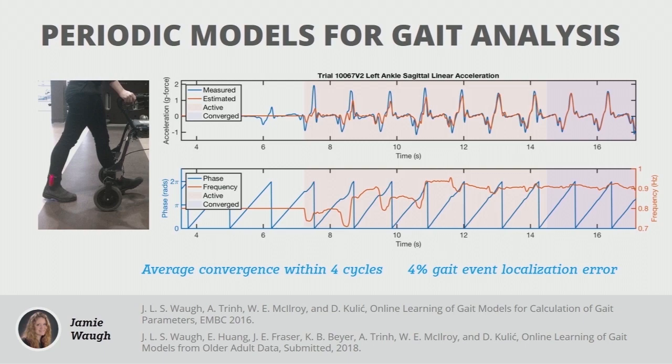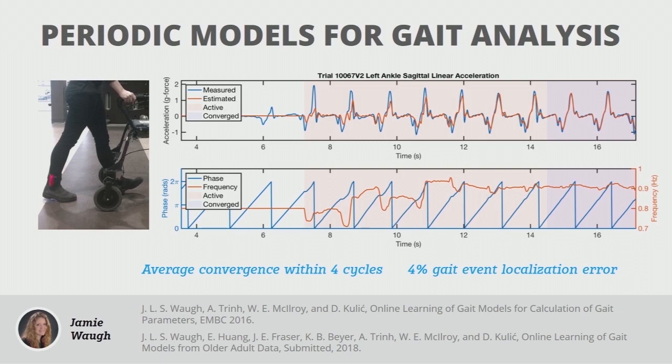Once we detect that they're walking, we then start learning the model of their gait. And you can see in this example that the model is learned within approximately 7 steps. And then once the model is learned, we can start estimating these gait event parameters, gait events.